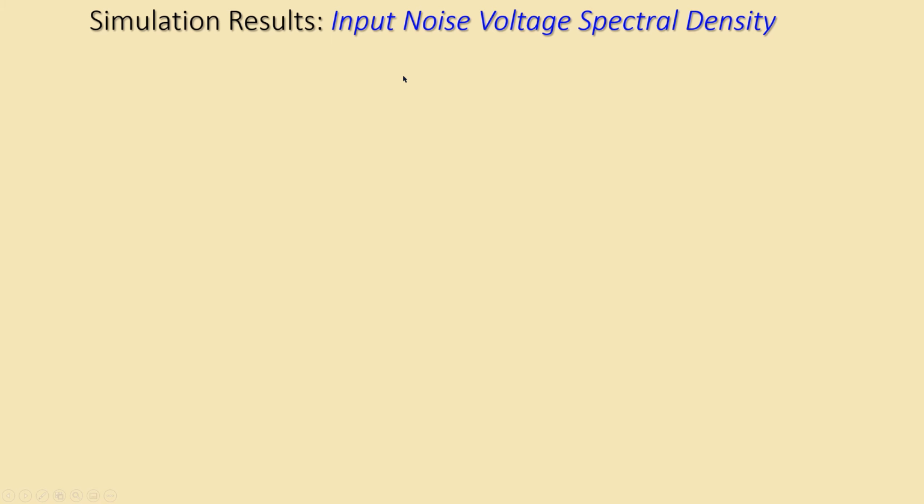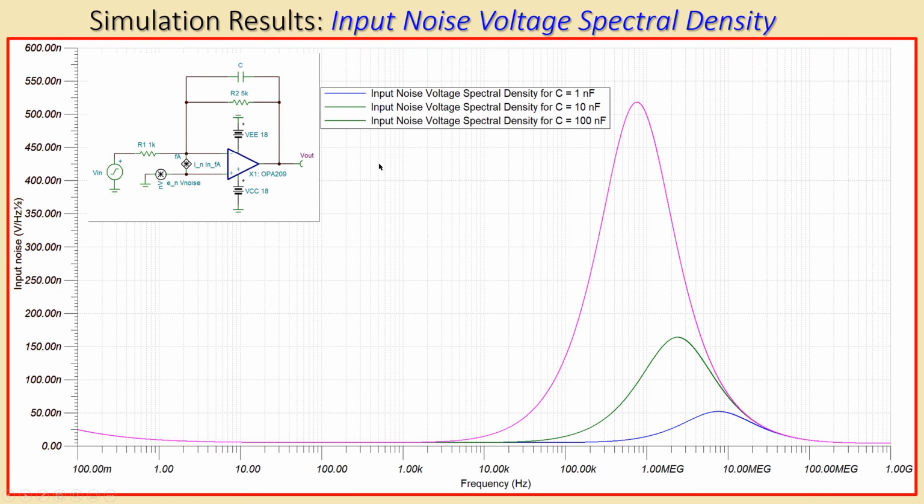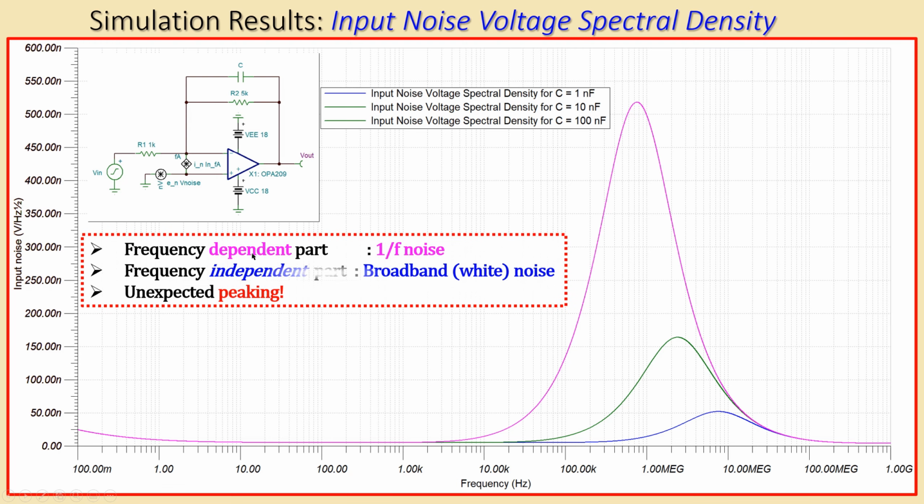Now let's also look at the input noise voltage spectral density. Again, we see the input noise voltage spectral density for each case for the capacitor: the blue one, the green one, and the pink one, which is actually the highest one. What you see here is the frequency dependent part, the 1 over f noise.